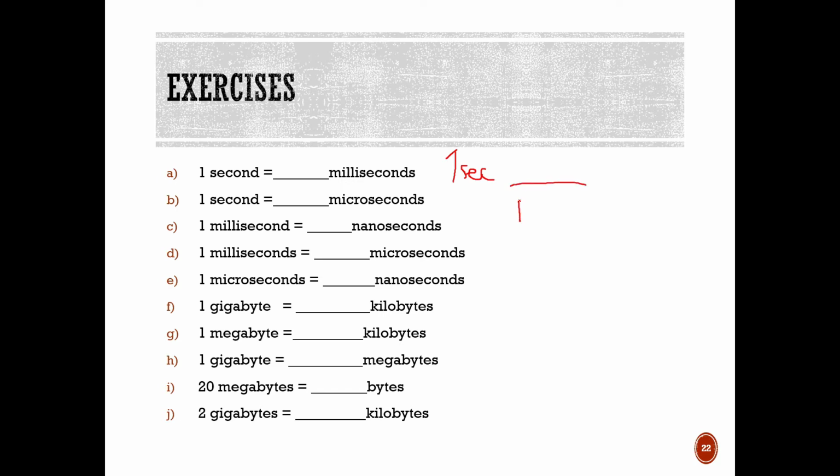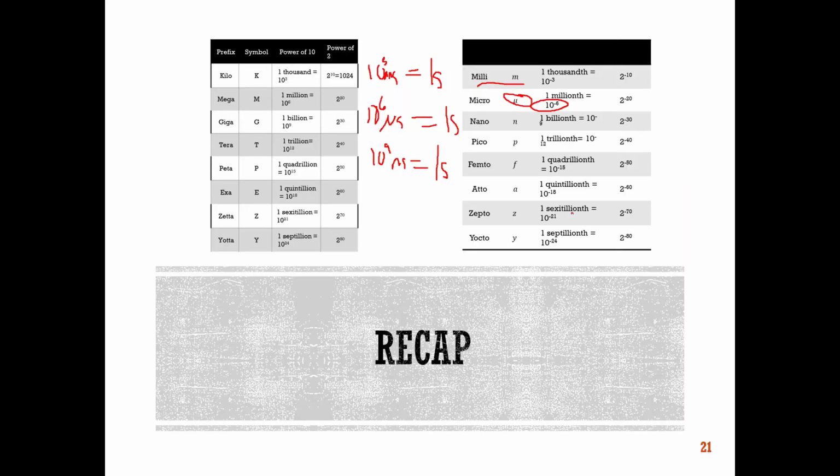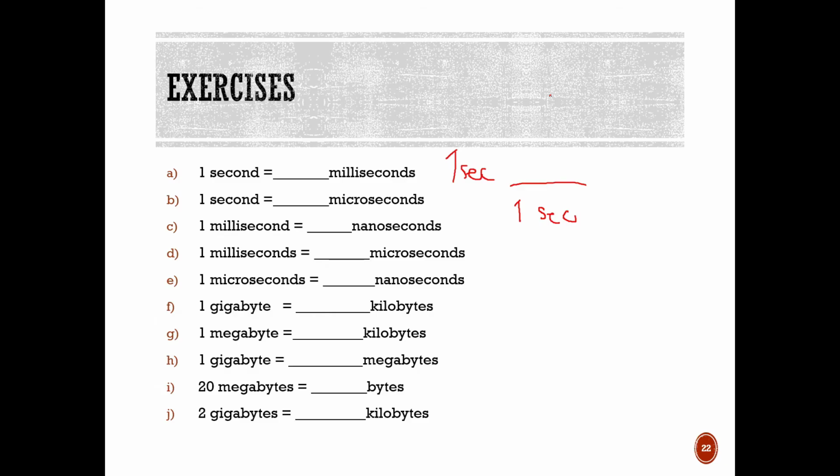I want to cancel out seconds. How many milliseconds are in 1 second? It's 10 to the third milliseconds in 1 second.